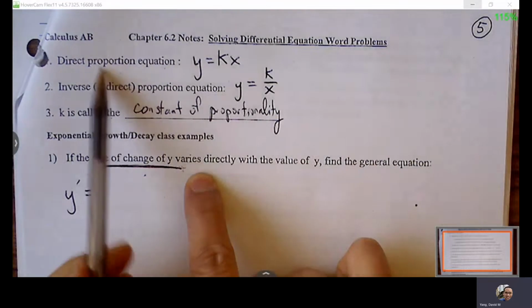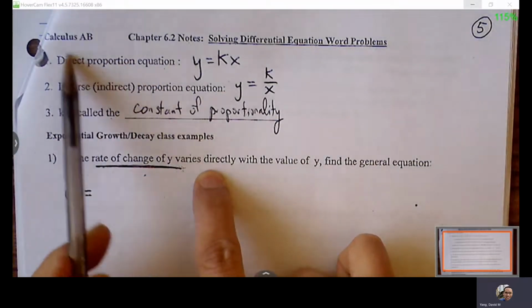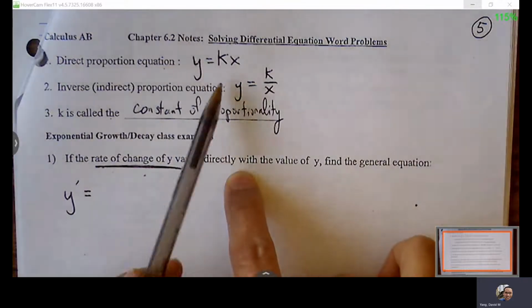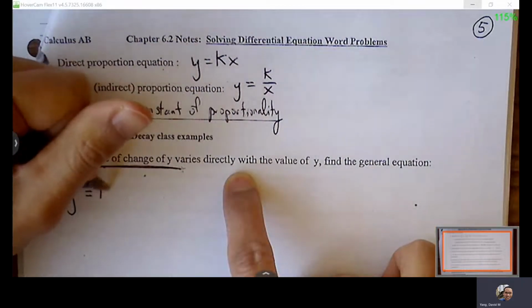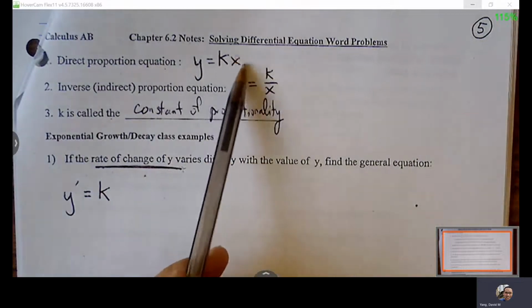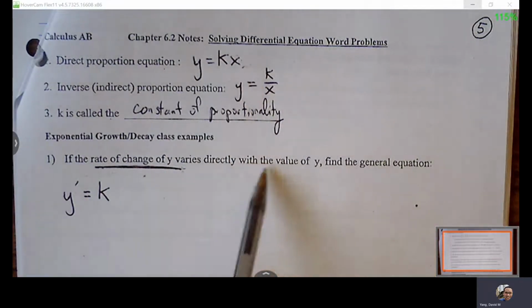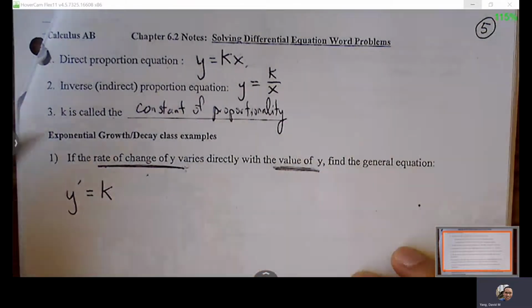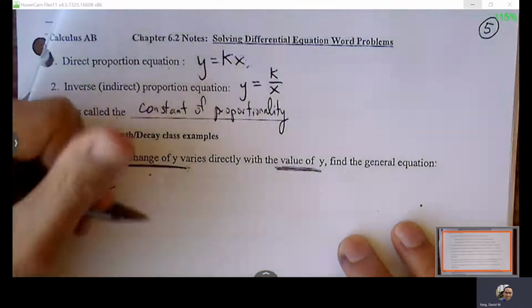Varies directly, so direct proportion is the form that we're after. So y prime is equal to k times, and the sentence should tell us what this last variable is. It tells us it varies directly with the value of y. So that is the variable that comes after k: k times y.